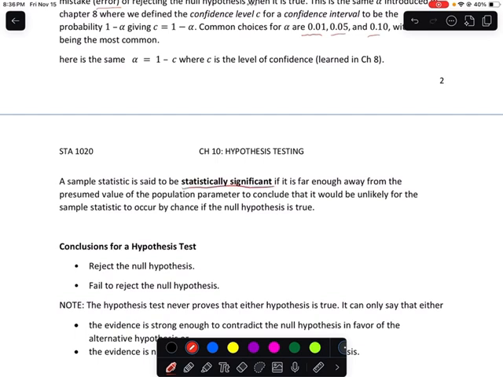We say a sample statistic is said to be statistically significant if it is far enough from the presumed value of the population parameter to conclude that it would be unlikely for the sample statistic to occur by chance if the null hypothesis is true.